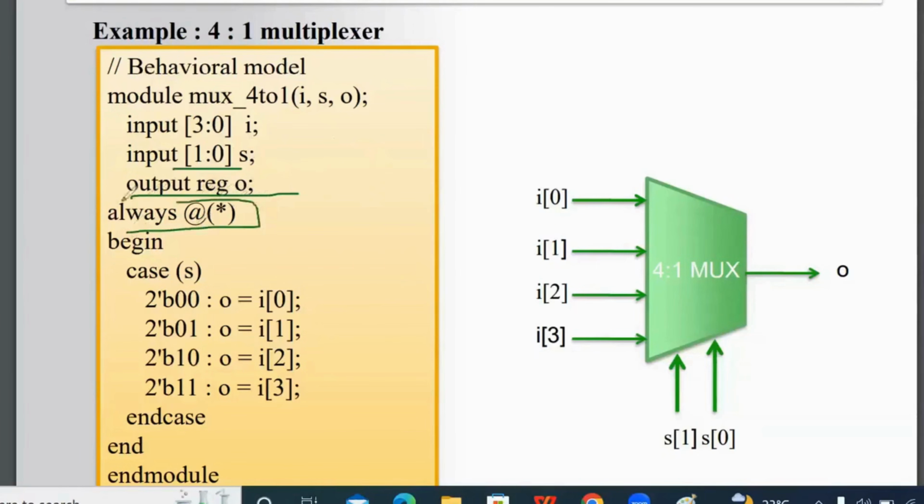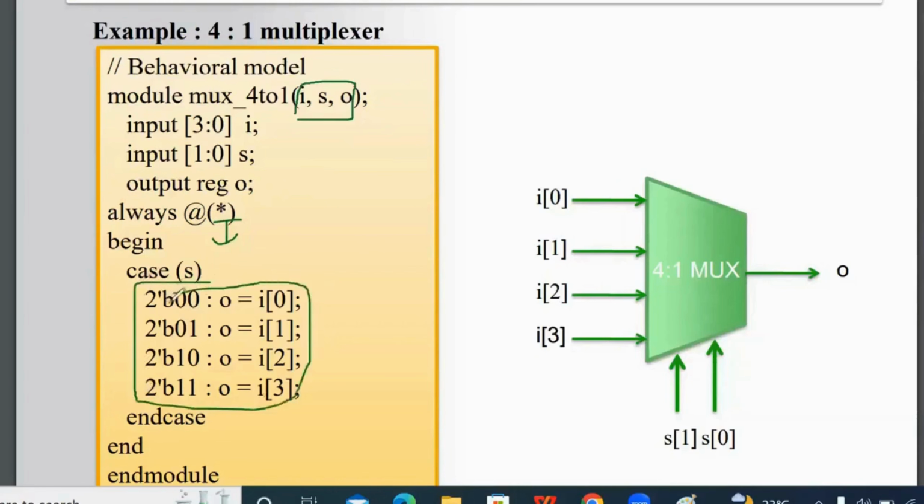And always @(*). Star means here we are including all the inputs in that. In place of star we can put these inputs. Why are we taking only inputs in the sensitivity list? This is called the sensitivity list. We take only the inputs because based on the inputs only, the output is going to change within the always block.